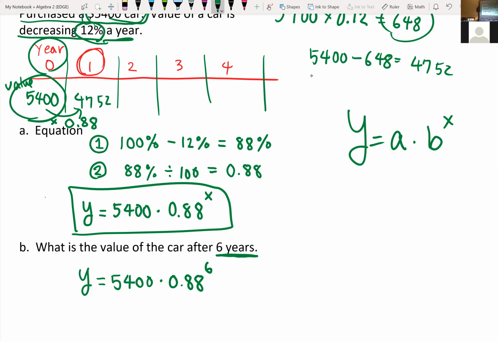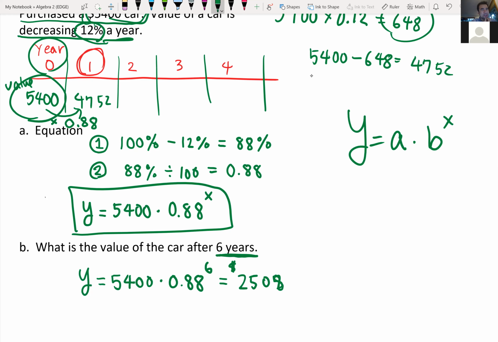Is everybody okay on that? So let's write down the answer: 2,507, or maybe let's just round off to the dollar, so 2,500 bucks, about half now.